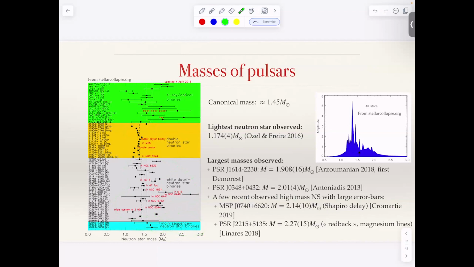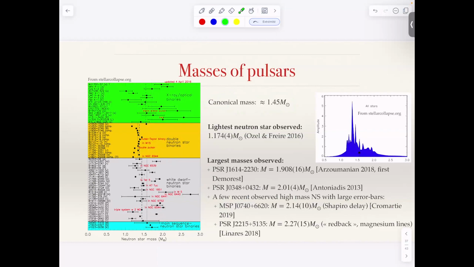However, what is important from this figure is that the distribution of masses does not span a large range, and you can even determine the centroid of your distribution, and you get what we call the canonical mass. So this is the centroid of the distribution of the mass of neutron stars.